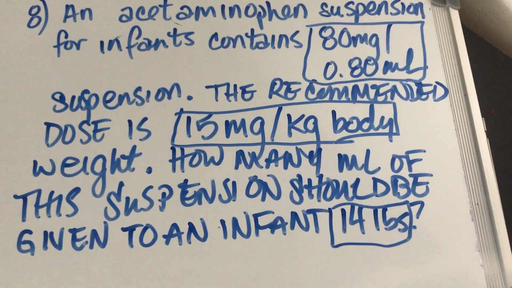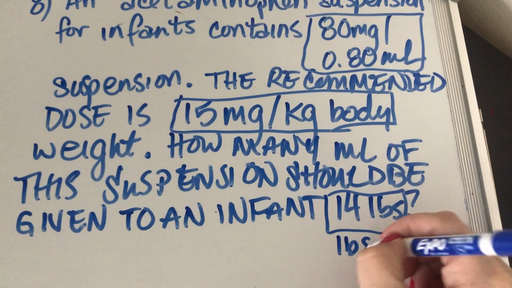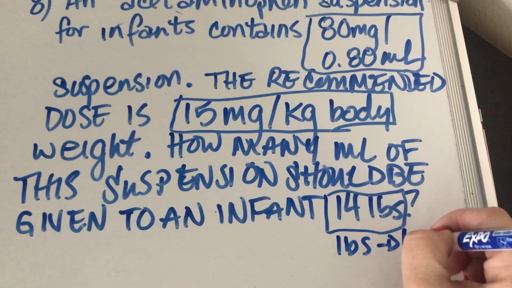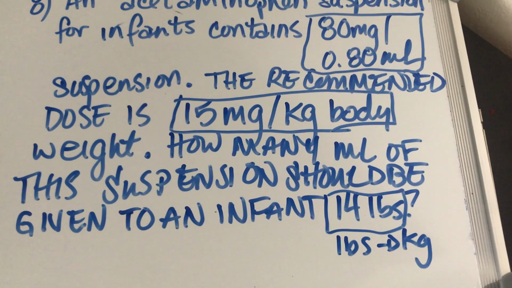So I know right off the bat that I'm going to need to convert lbs to kilograms. I'm going to erase this because I need all this room back, but any questions about what we have written here?